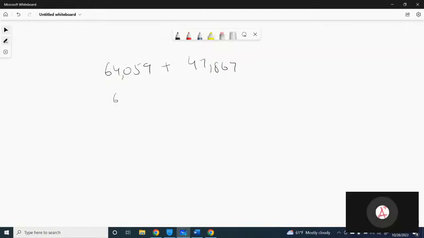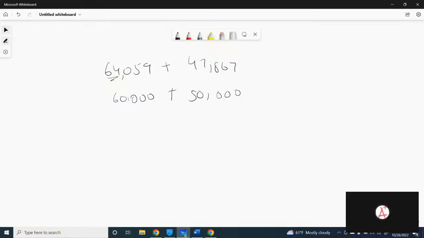It would be 60,000. Got it? Because here you have 64, it is less than 65, so you can round down to 60. And then you have 47, so 47 is rounded to the nearest 50,000. Got it?